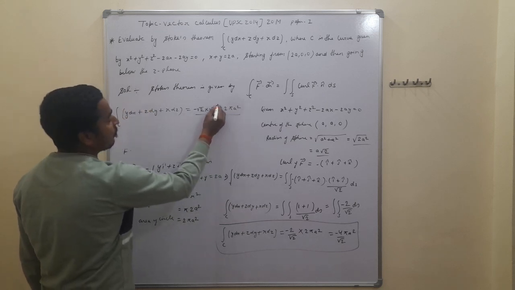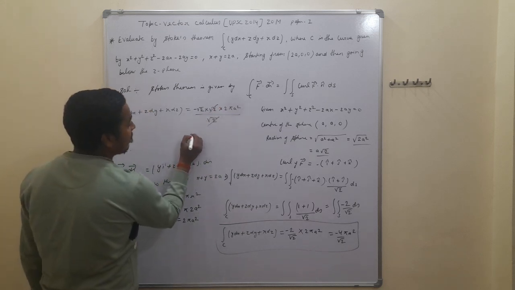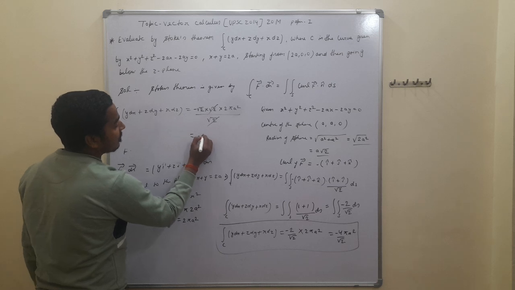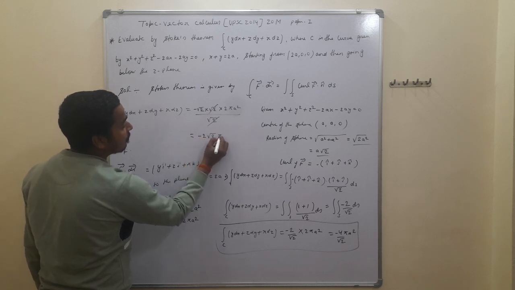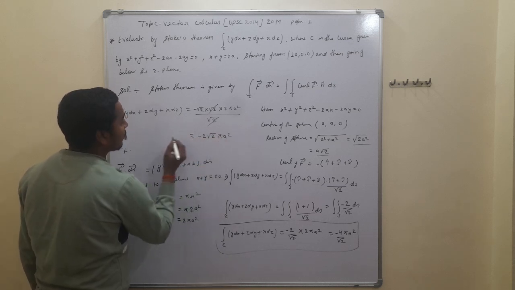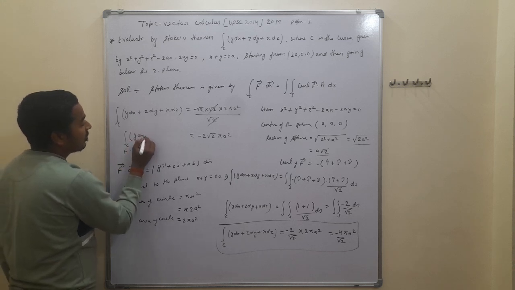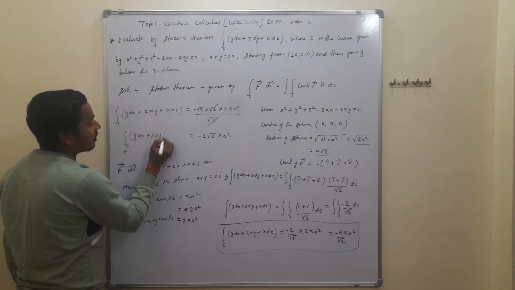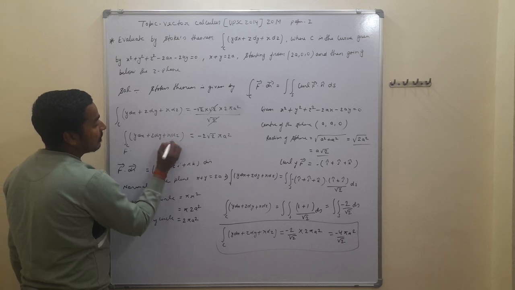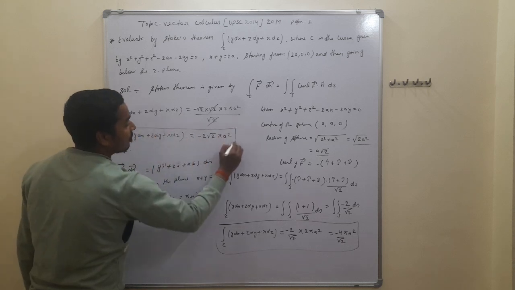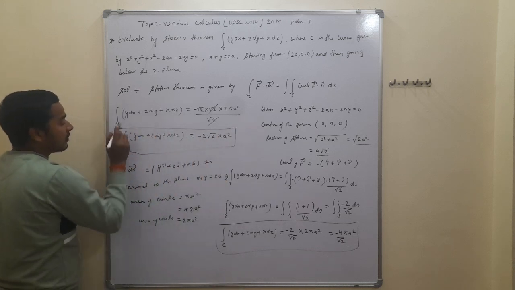Root 2 cancels out, and the remaining is minus 2 root 2 pi a squared. This is the final solution in another form.